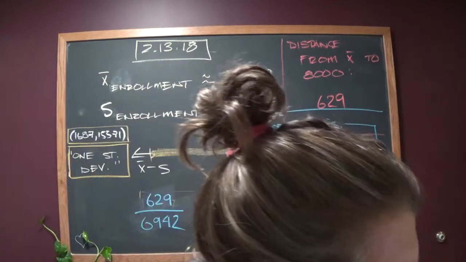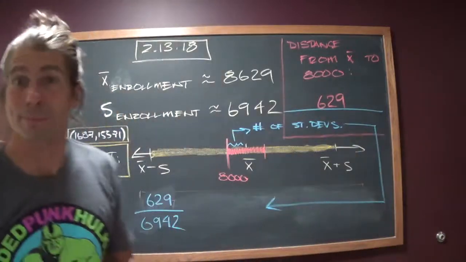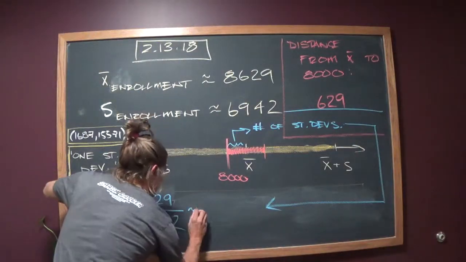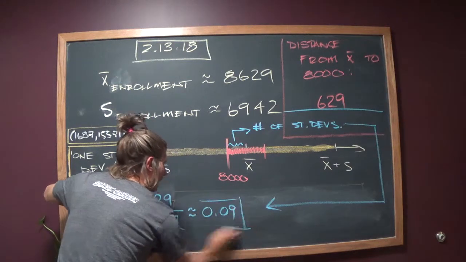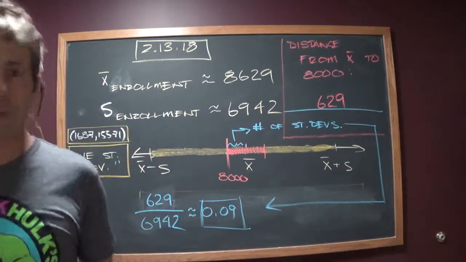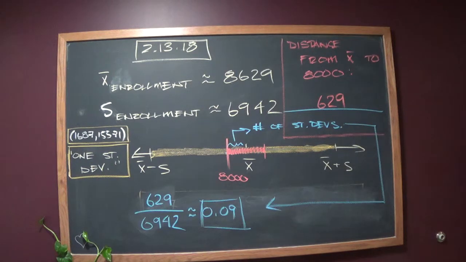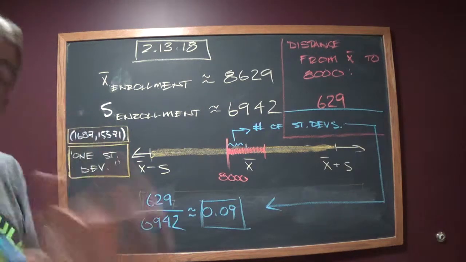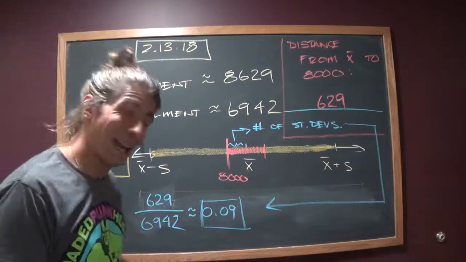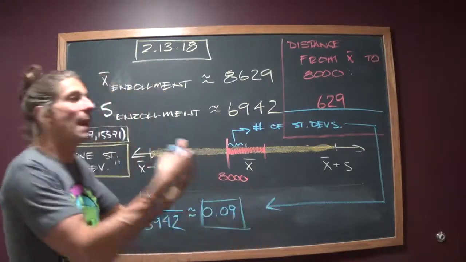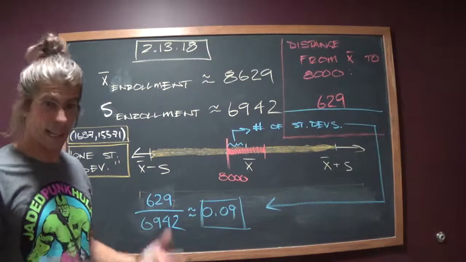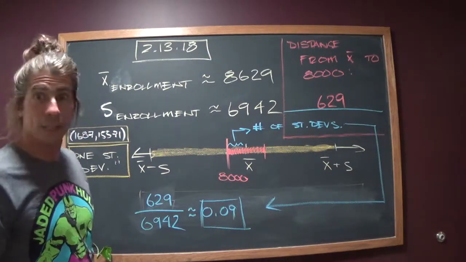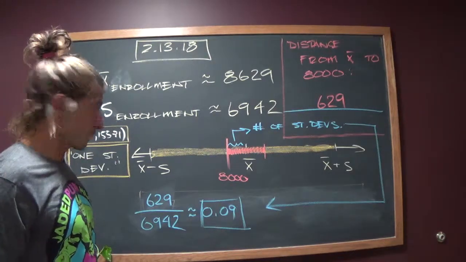I think I Googled it. It's closer to 9%, 0.09. I called it about 10. So it's about 0.09, or 9% of a standard deviation. In other words, it's pretty close. If you want to give it a direction, you would say it's 0.09, or roughly 10% of a standard deviation below average.